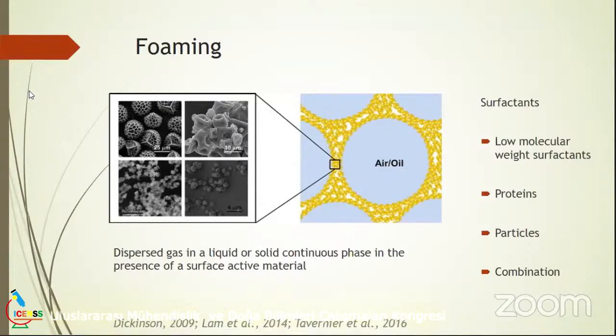Particularly in milk foams, proteins are the main stabilizing elements because they form a viscoelastic film around the bubbles. And the third one is the particles, like micro or nanoparticles, that can be used in Pickering systems, which I will explain in the next slides. The combination of these three systems can also be used as surfactants for foaming.